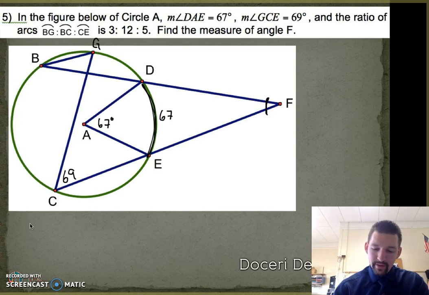The other one we need is going to be arc BC right here. Using this 69 degrees here, we know that this big angle, GDE, is going to be double that. So the big angle will be 138. And if we subtract our 67 away from that, it means that GD, the small arc right here, is 71.